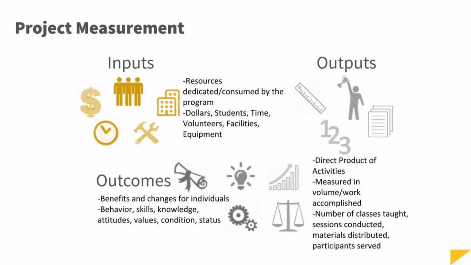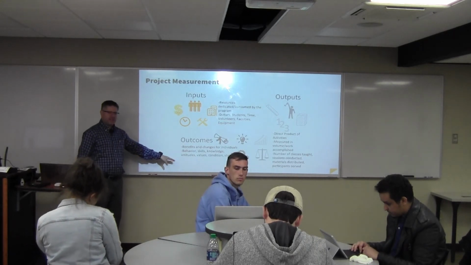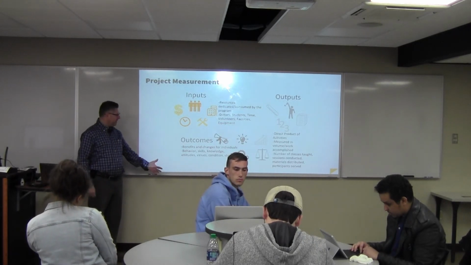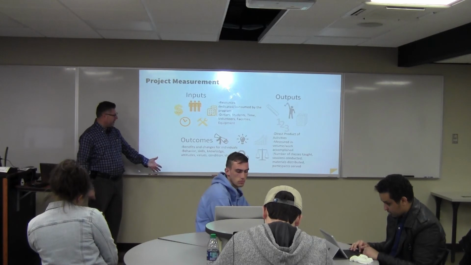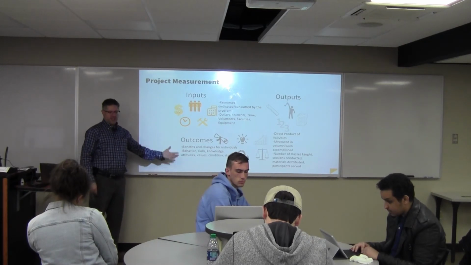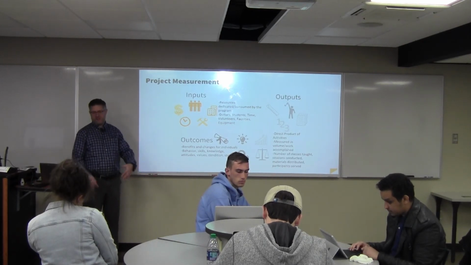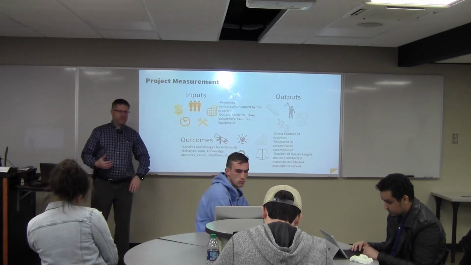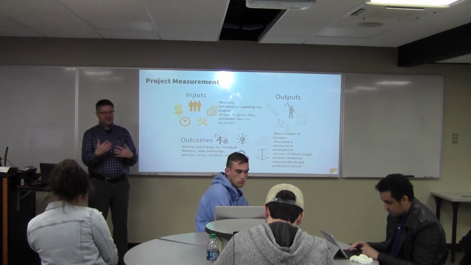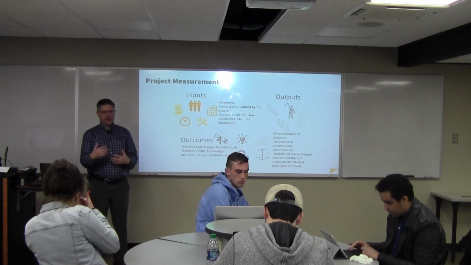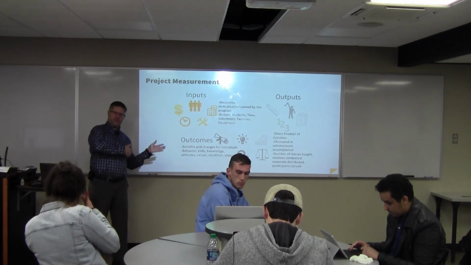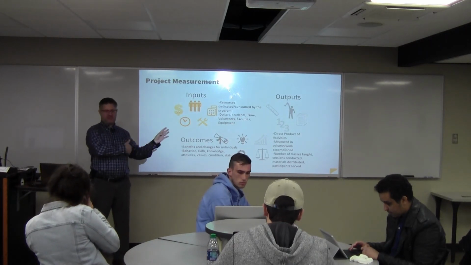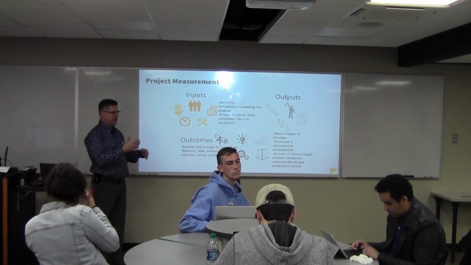And these are how do you know when people have been benefited by what you have done? Have behaviors changed? Have skills been acquired? Or is there a new condition or a new status? Do people find that there is a broader awareness? Are people starting to use some of the businesses in the area?